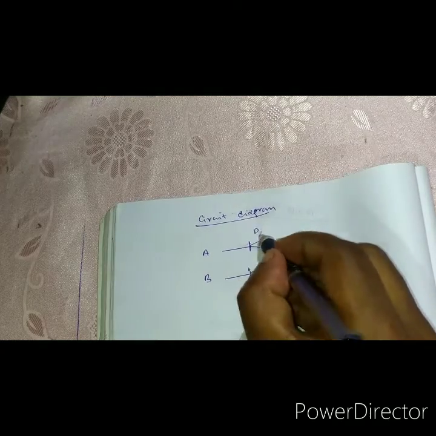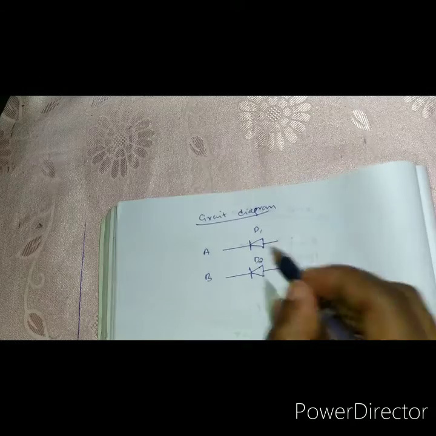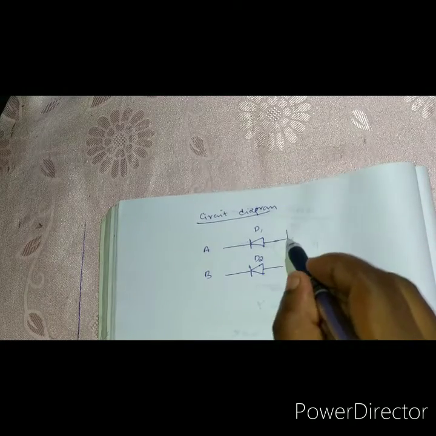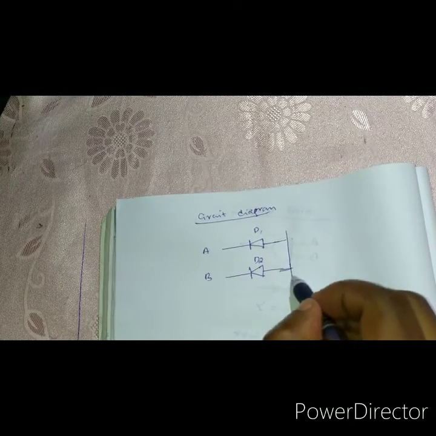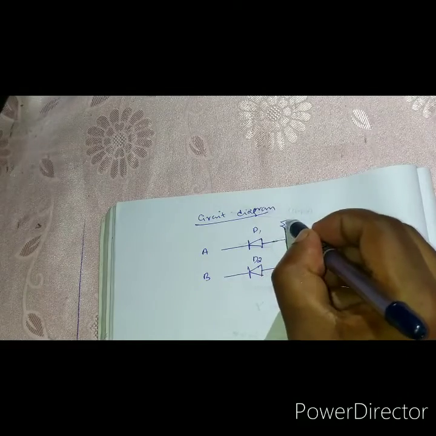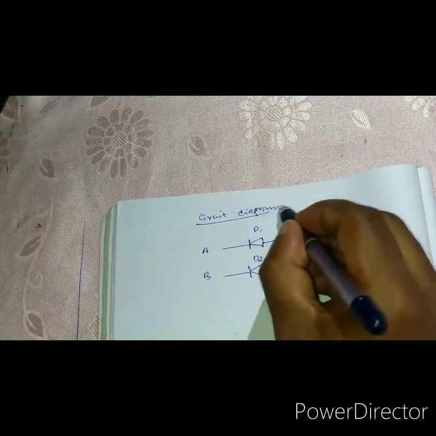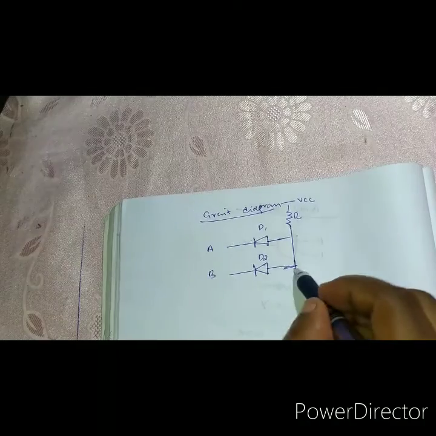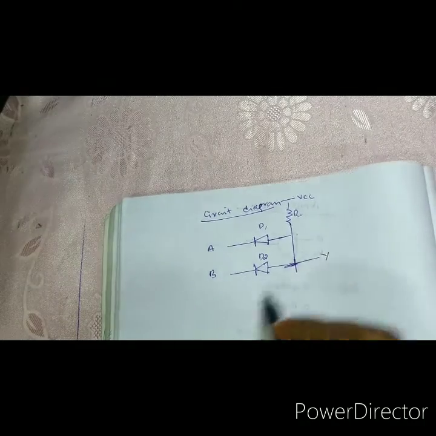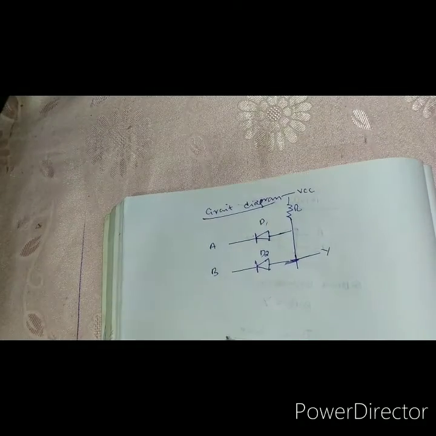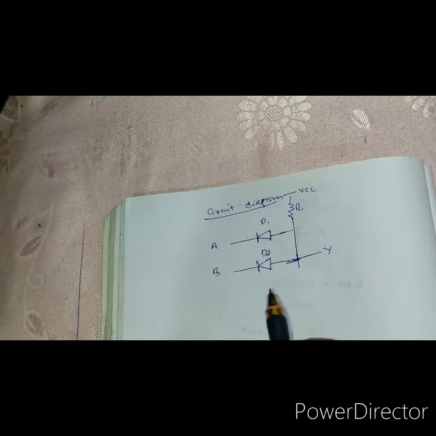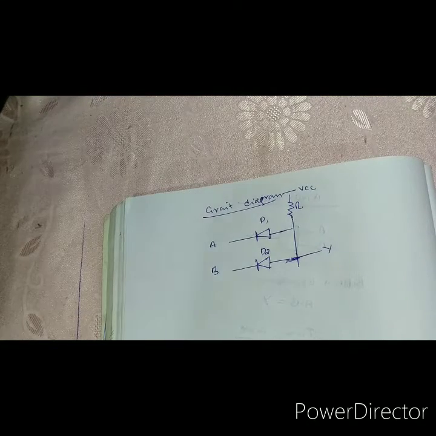So these are the diodes. This is D1, this is D2 diode, and these 2 diodes are connected with resistor R and VCC, and this is the output Y. So this circuit is internally integrated in the logic gate to perform the specific logical multiplication.